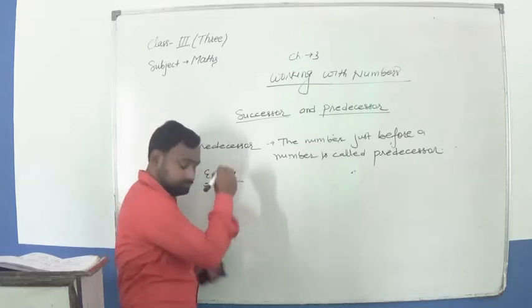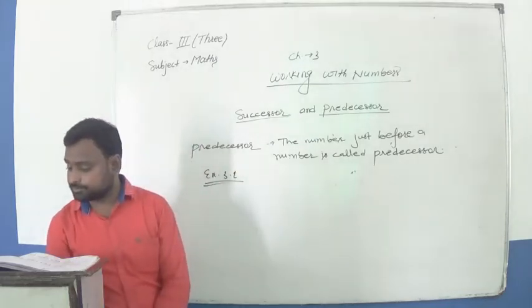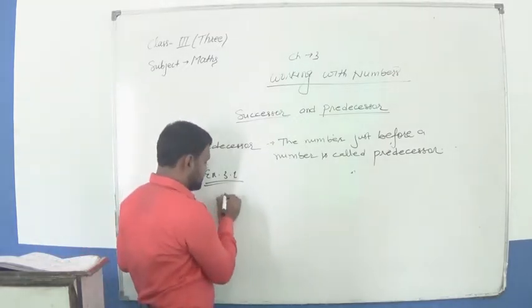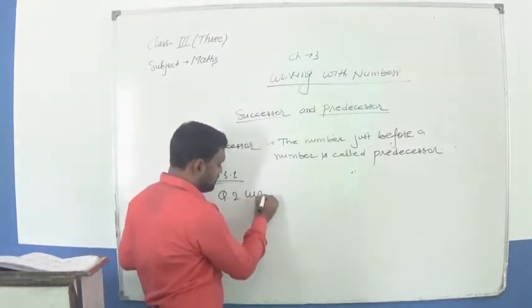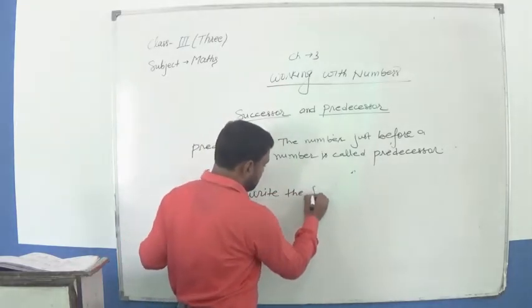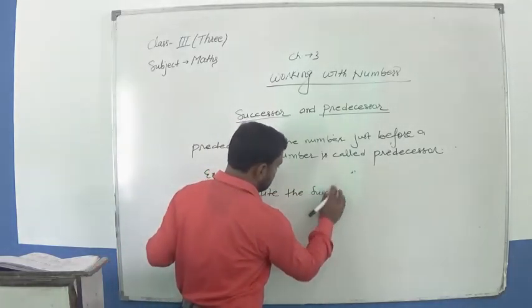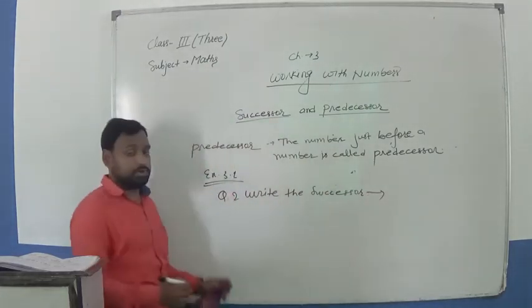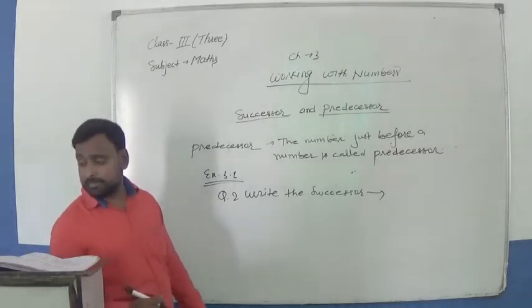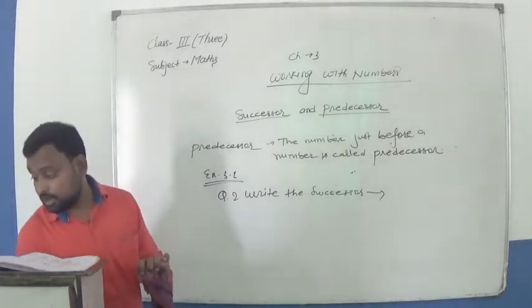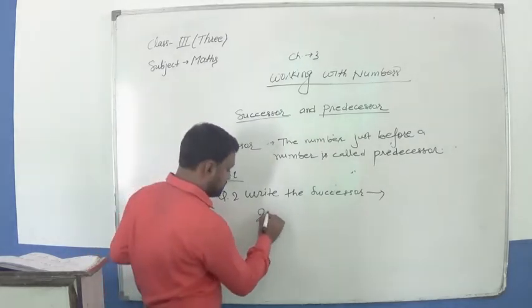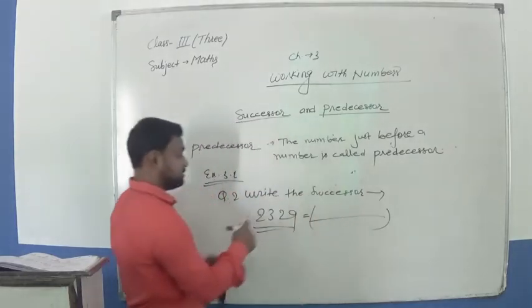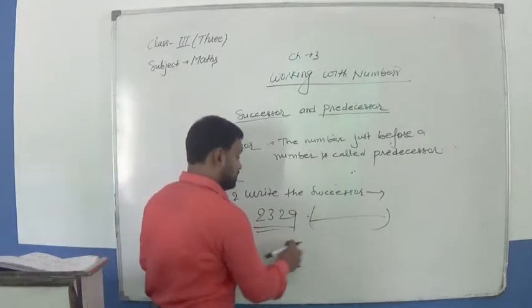Question number 2 is, write the successor, and you are given a number like 2329.